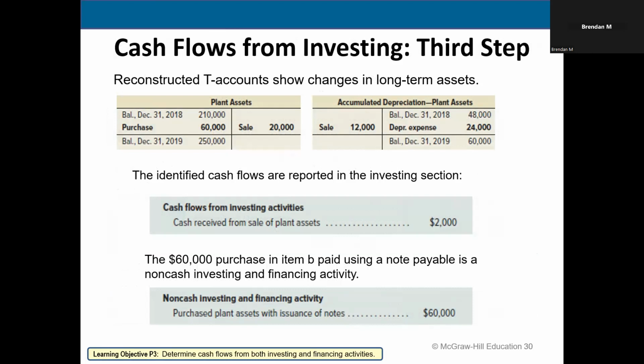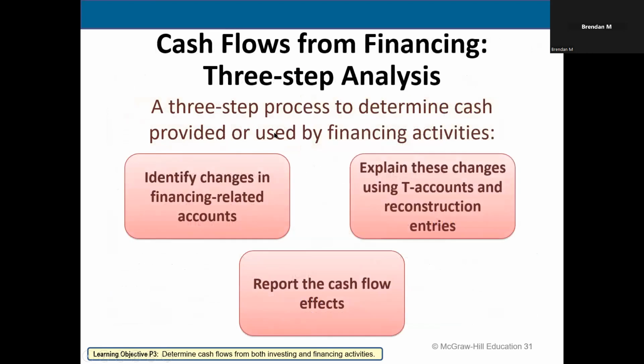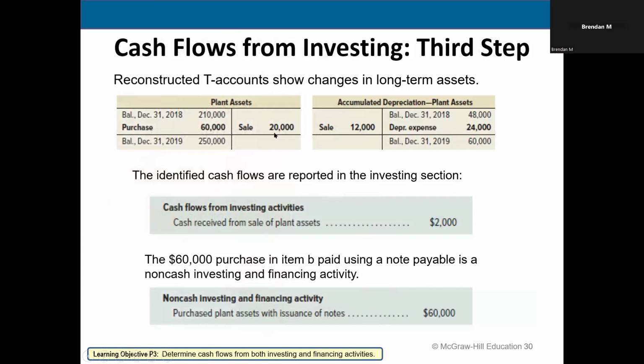So they're breaking them out in T accounts, your general ledger. So we have under plant assets, we have a sale of 20, but we have an outflow of 60, net 40 there. Your plant asset went up with the 60,000, and there's a sale there.